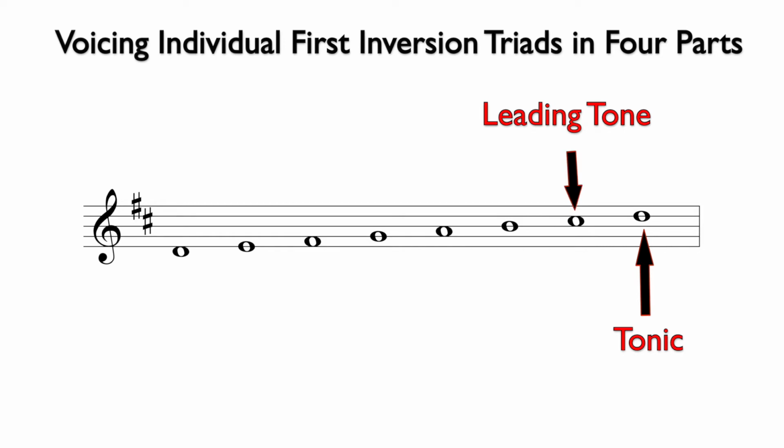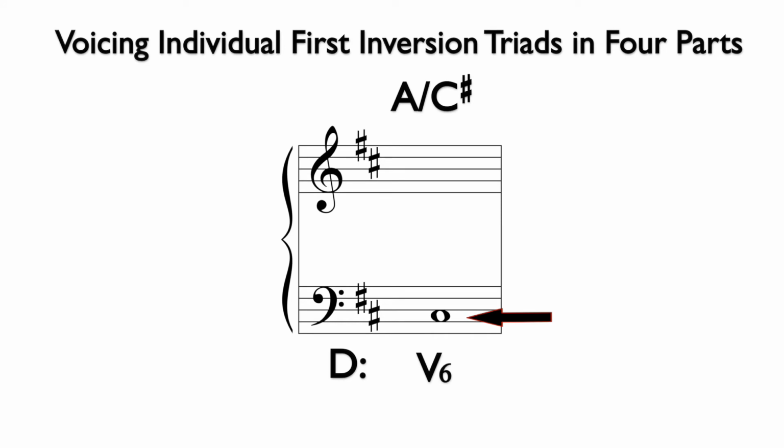This chord has C sharp in the bass, so we do not want to double that note in any of the other voices. Therefore, the soprano note can be A or E. Let's place the soprano on A. We can double either the A or the E, but the common doubling is the soprano note. So let's put the tenor on A. This leaves E for the alto.